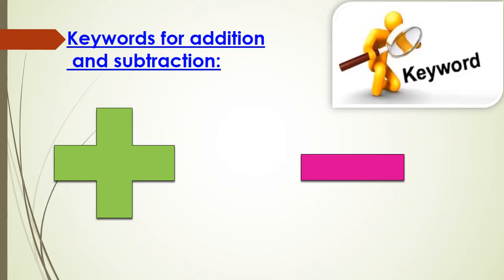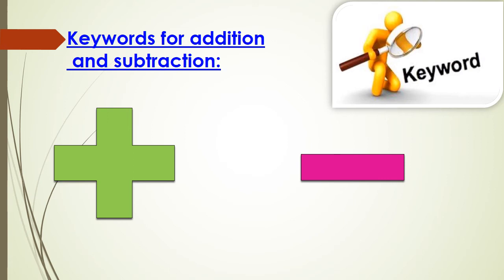We said before that while solving story problems, we have to underline the keyword. So what are keywords used for? We use keywords to help decide whether the story problem is addition or subtraction. So we have to memorize addition keywords and subtraction keywords.